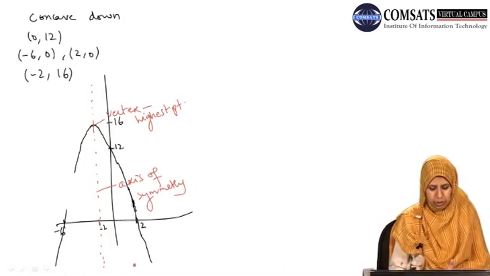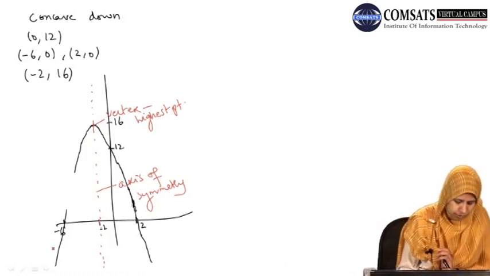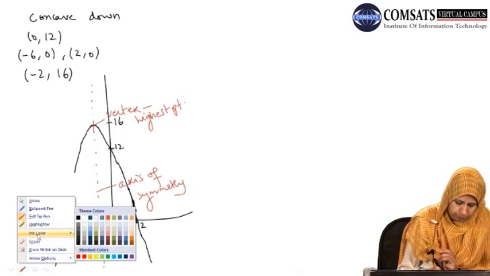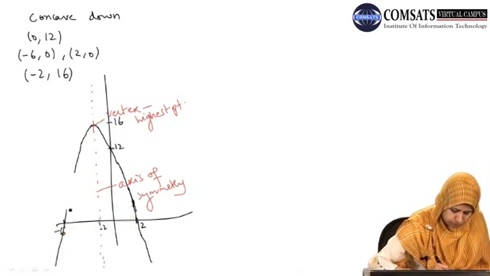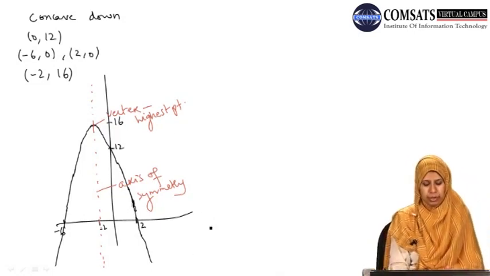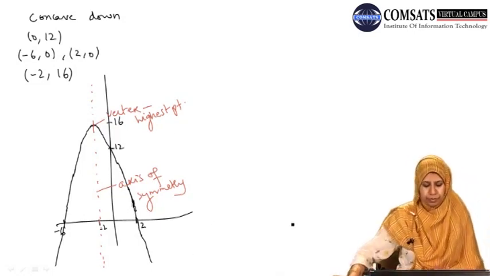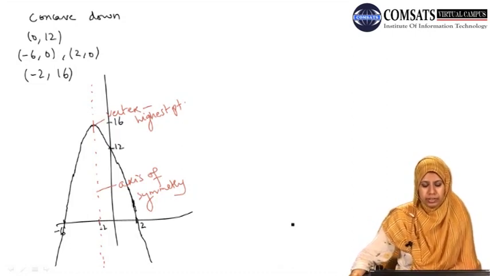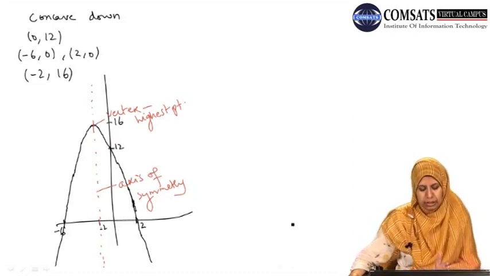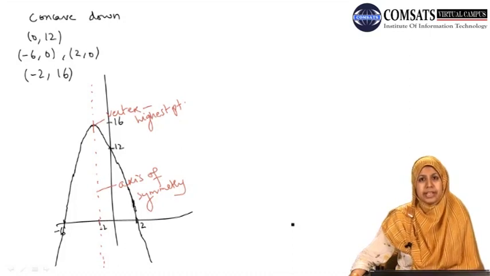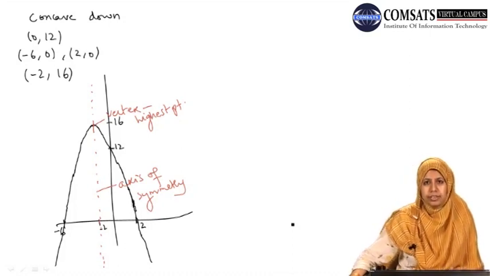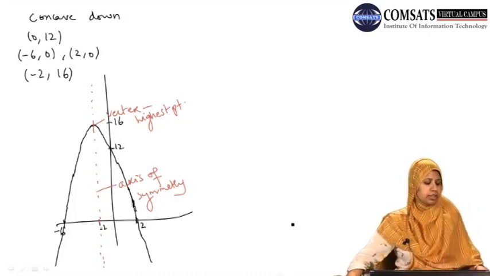Basically dividing our parabola in two equal halves and giving us the mirror image of our parabola. That is, on the right side of this axis of symmetry, the pattern of the graph is exactly the same as on the left side of the axis of symmetry.